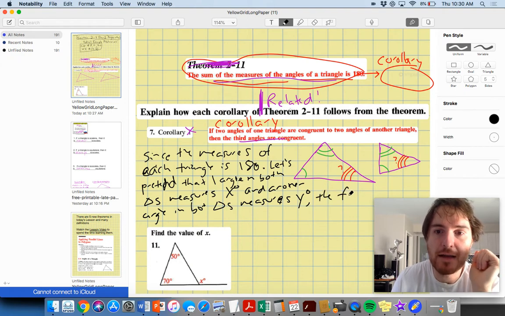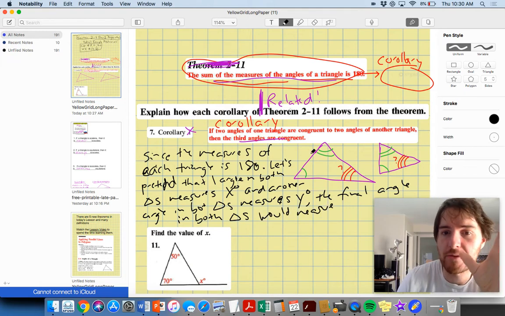The final angle in both triangles would measure. Okay, let me mark this up real quick here.